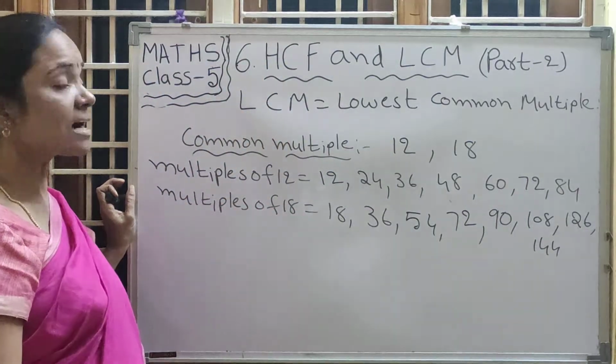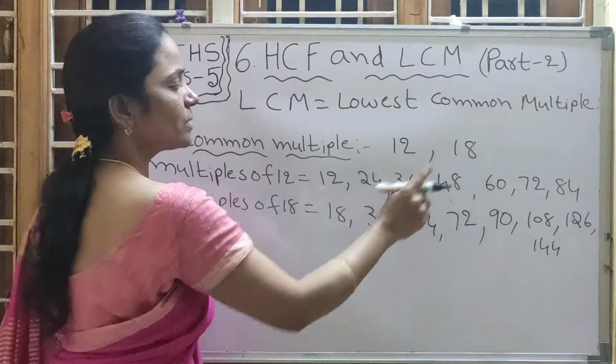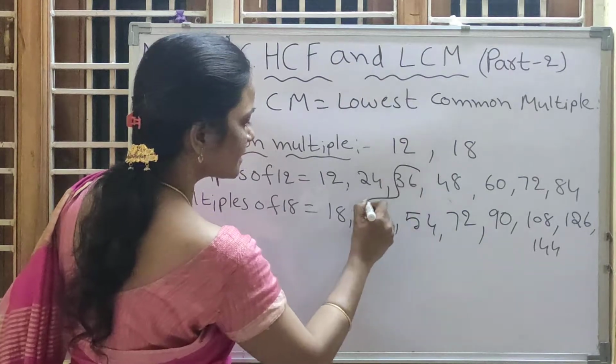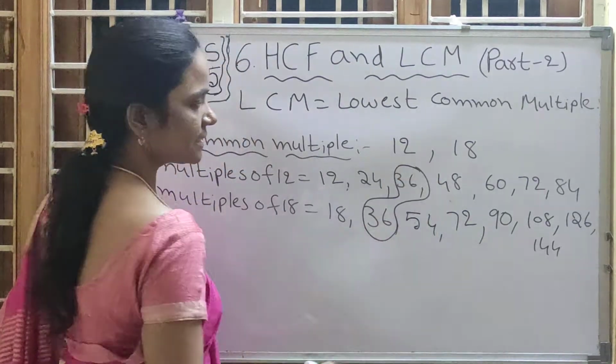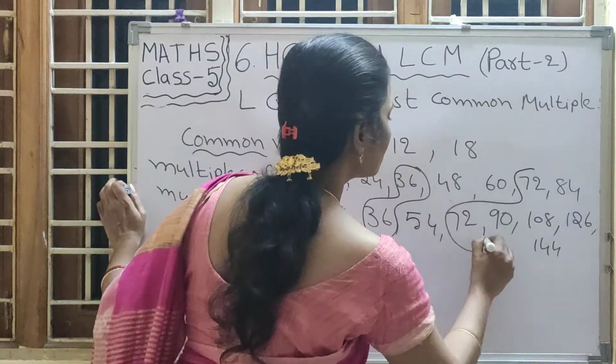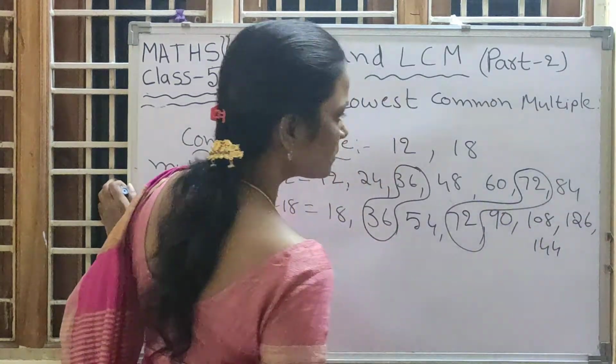Now check what are the common multiples for the given two numbers. Check once. Here 36. Circle it. Next, what is the common multiple? 72. After that, no number is there.